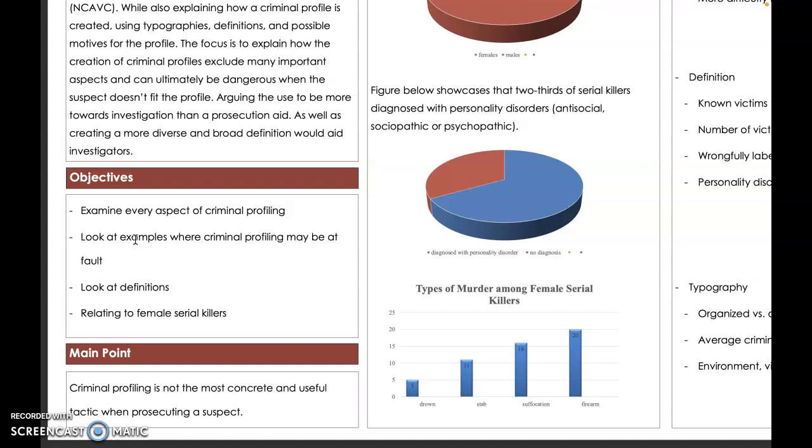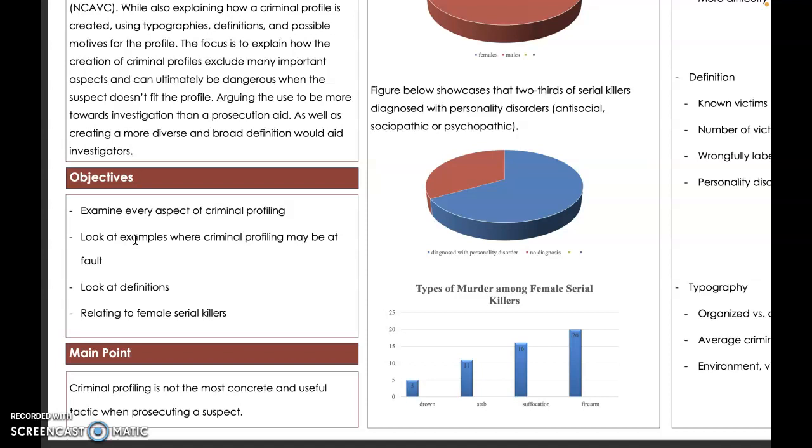Look at examples where criminal profiling may be at fault. So, for example, there is not that much research on female serial killers. So, criminal profiling may or may not exclude female serial killers or any other possible suspects if they did not fit the profile properly.